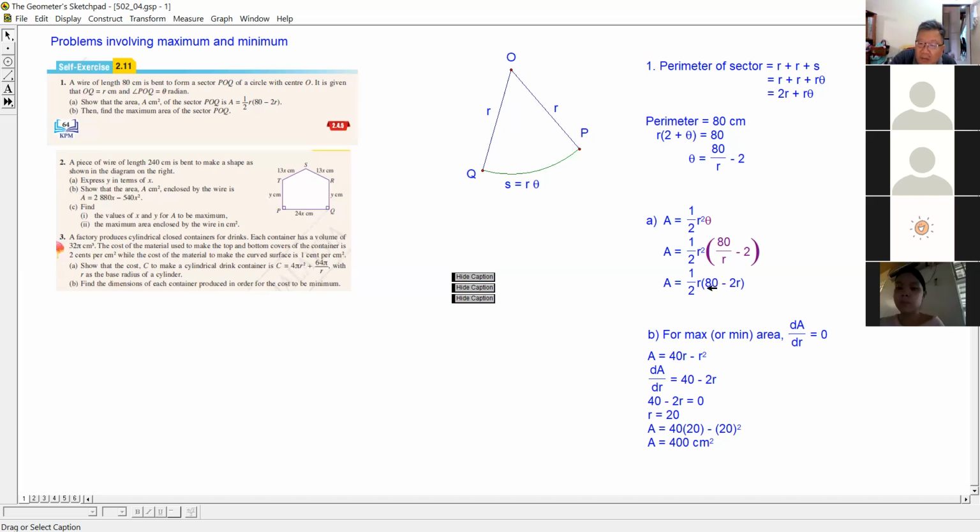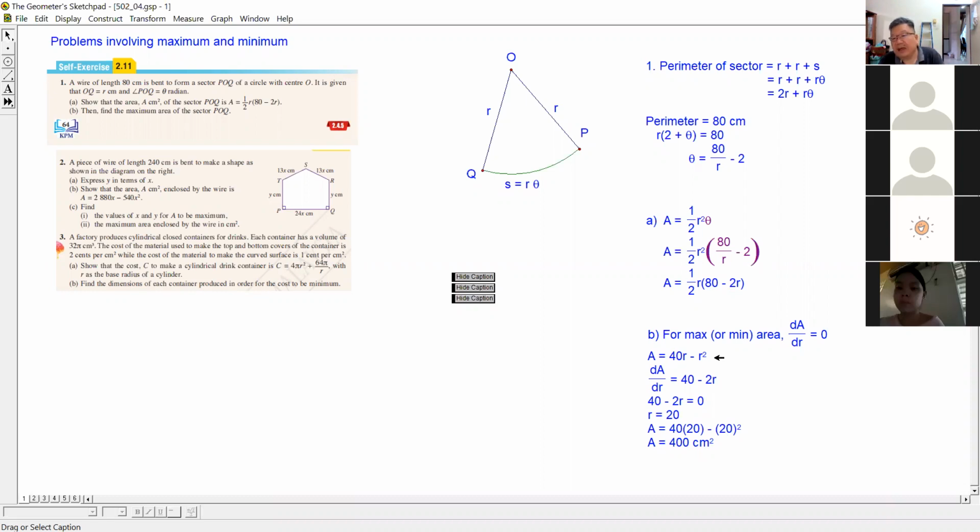So I expand and get a polynomial. In the previous form, it is quite difficult to differentiate, so I expand it into this form. When I multiply the half r with the 80, I have 40r. When half r is multiplied by 2r, I have r squared. So this is the full formula for the area.